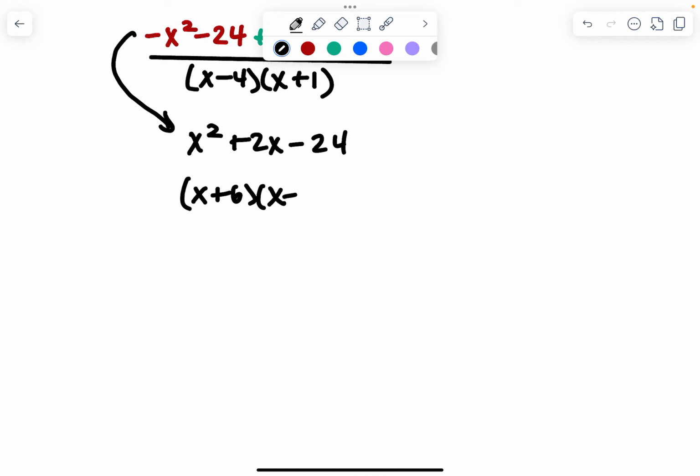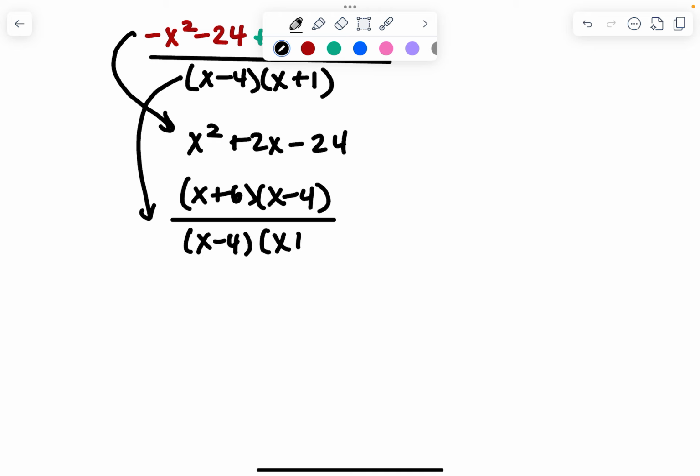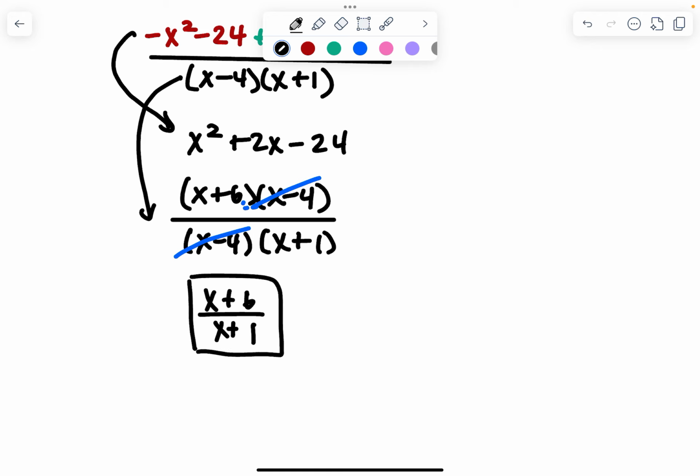And so then when I bring back the denominator, I can see there is a common factor that cancels, and you would miss it if you didn't factor the numerator. And so my final answer would just be (x plus 6)/(x plus 1). Remember, those x's don't cancel because we have those plus signs.